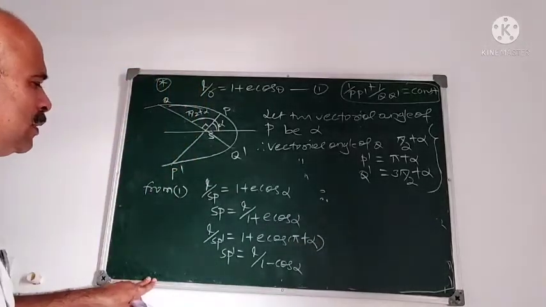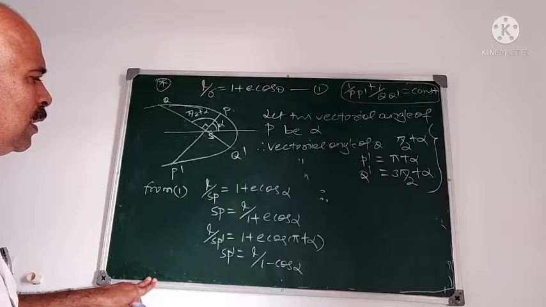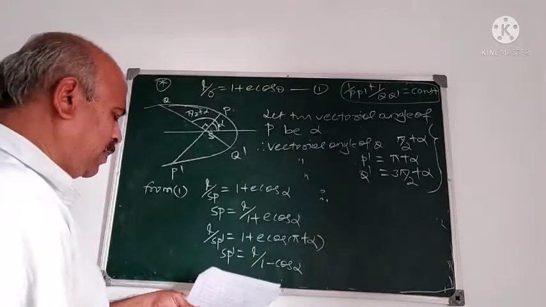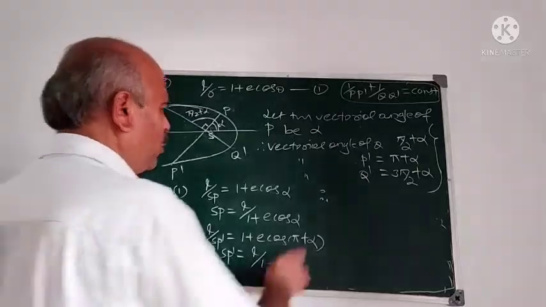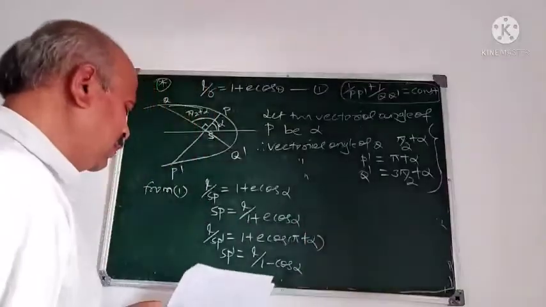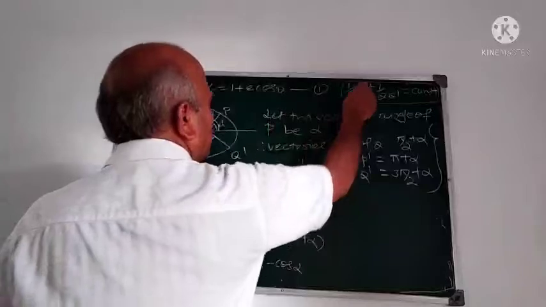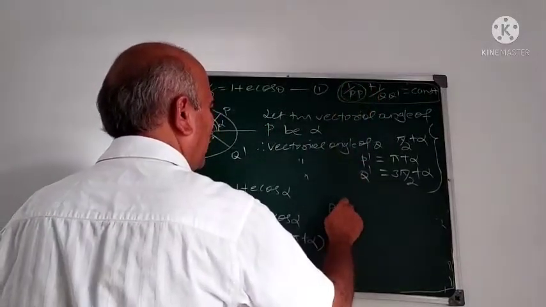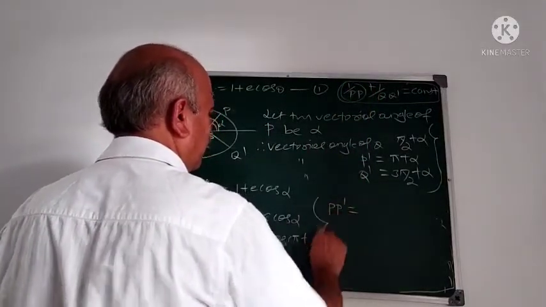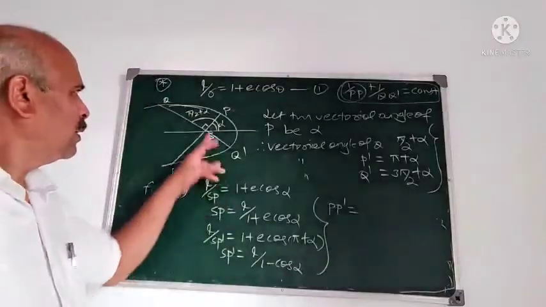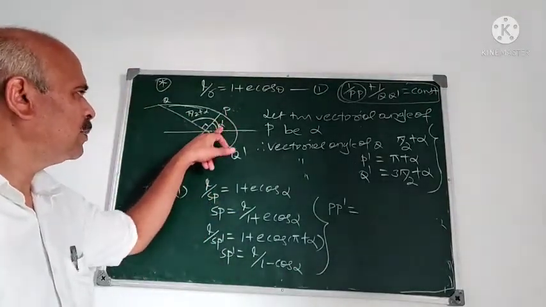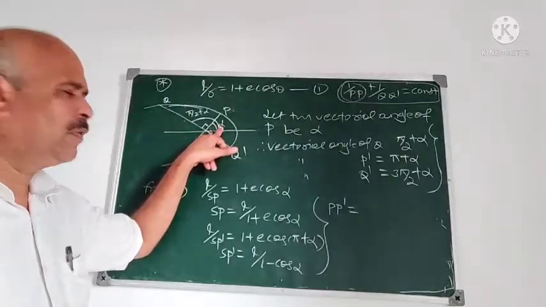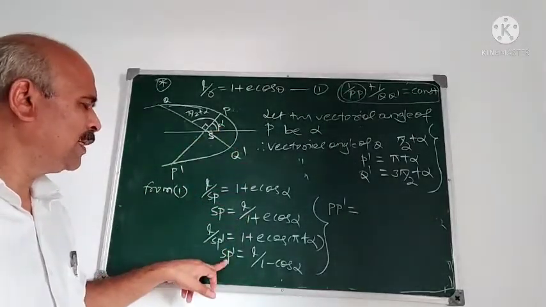Now we take SP plus SP dash, because we require this. Follow this step. P lies on this conic, therefore substituting R is equal to SP and theta is equal to the vectorial angle alpha, we get SP dash.